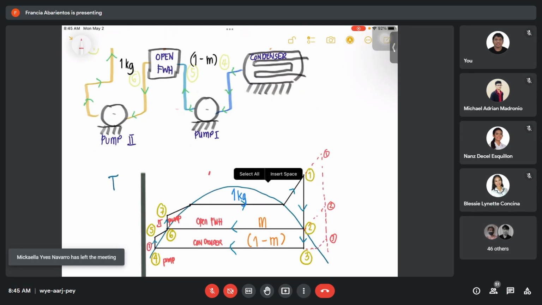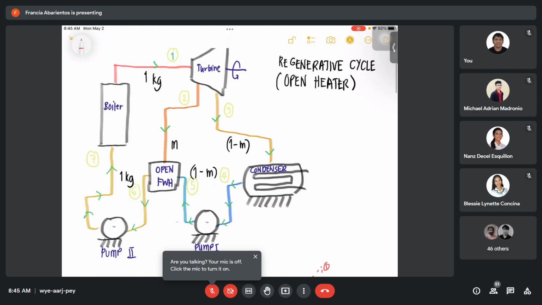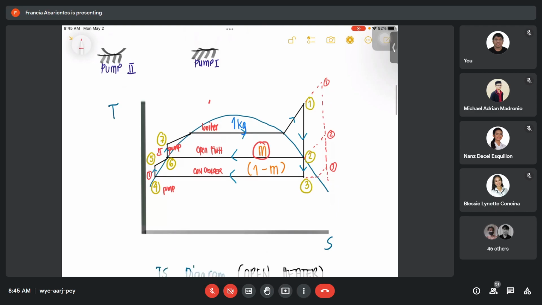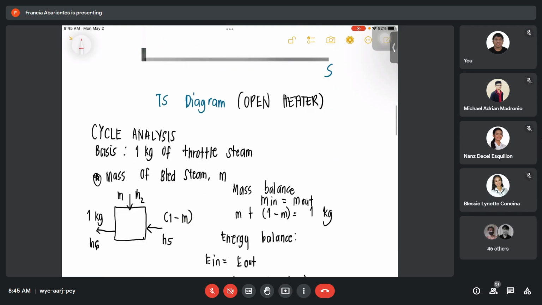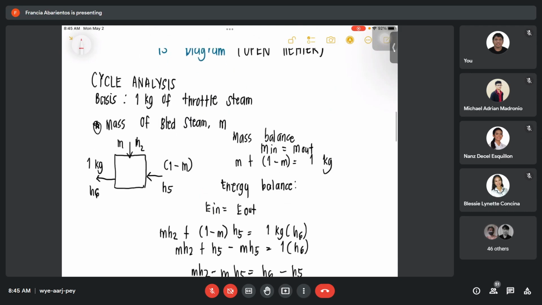Ay, wait, class, it's now your boiler. So, that's how it goes, class, with an open feed water heater, considering the extracted mass M, and the 1 minus M. Okay. So, this is now the cycle analysis on the basis of 1 kilogram of throttle steam.